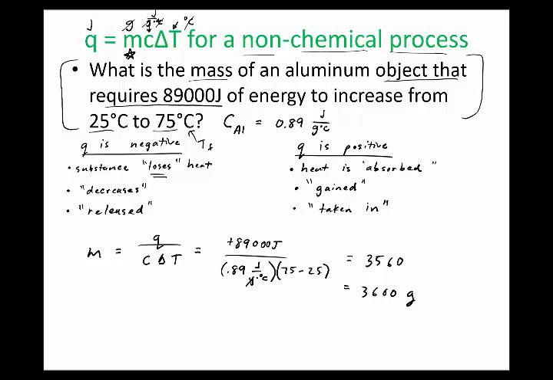Notice all my units cancel here. The degrees Celsius cancel, and joules cancel, so you get 1 over 1 over grams, or grams, for your answer.